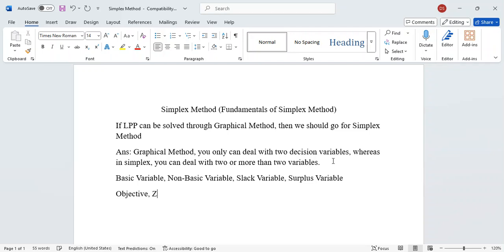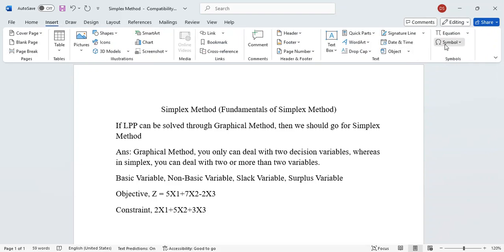Objective function Z equal to 5x1 plus 7x2 minus 2x3, and the constraints. First constraint: 2x1 plus 5x2 plus 3x3 less than or equal to 80.